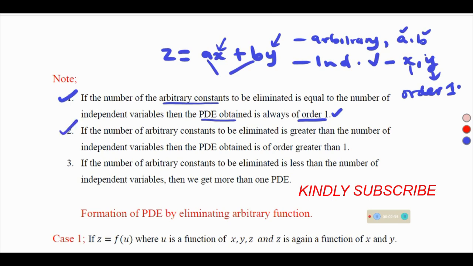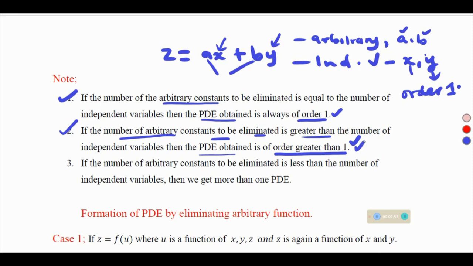Then case number 2: if the number of arbitrary constants to be eliminated is greater than the number of independent variables, then you will always obtain a partial differential equation of order greater than 1. For instance, consider z equals ax plus by plus cxy.